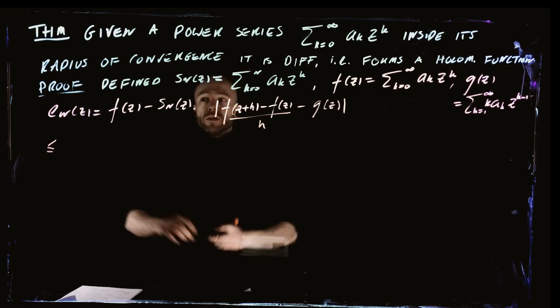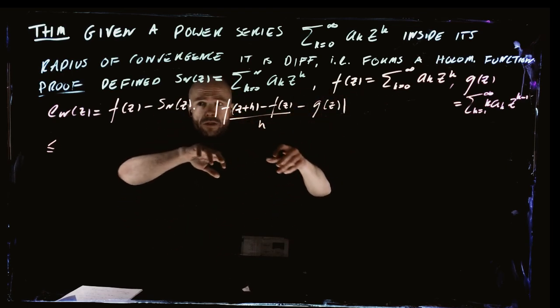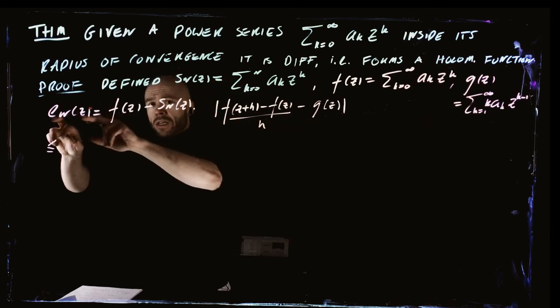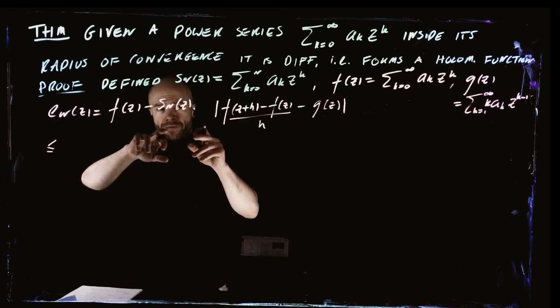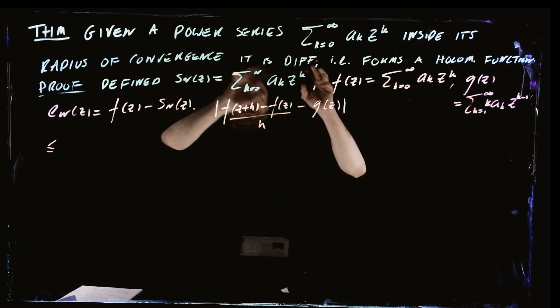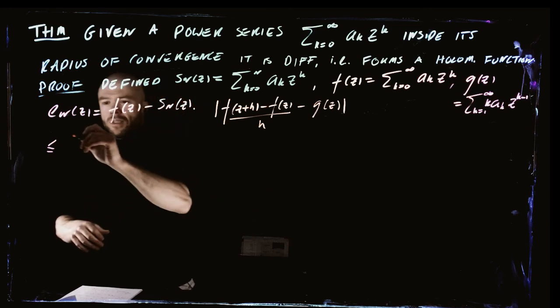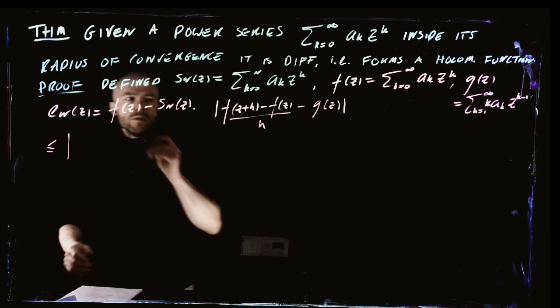The first thing we did was to write this quotient in terms of E_n and S_n. I'll just write it. It's rather easier to write it than to say all these words.